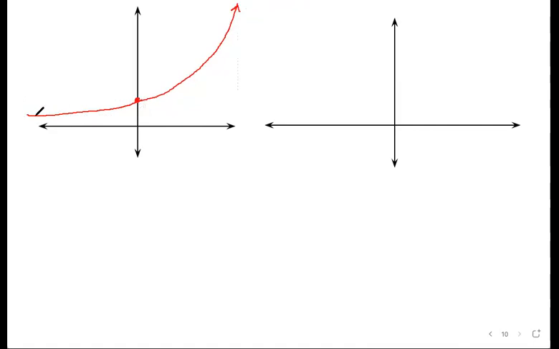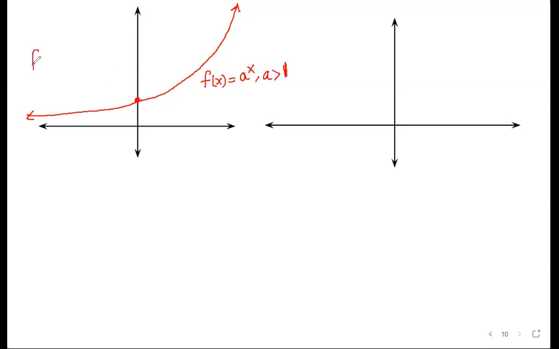This is f of x equals a to the x, such that a is any number greater than 1. The graph will be something like that.